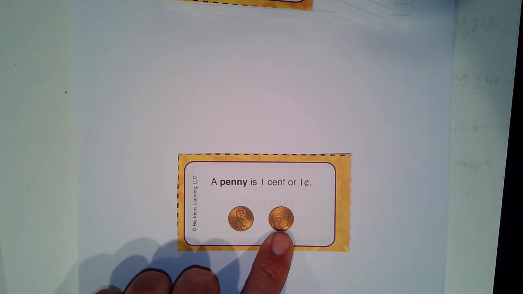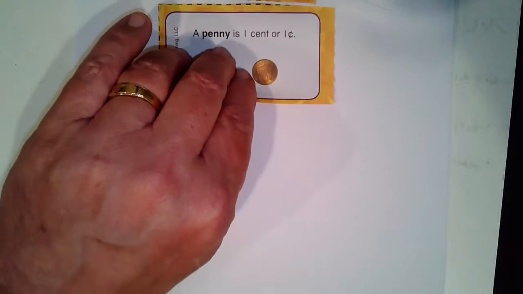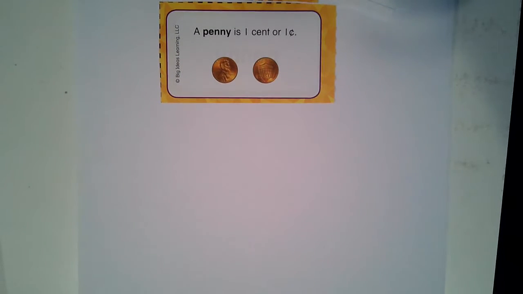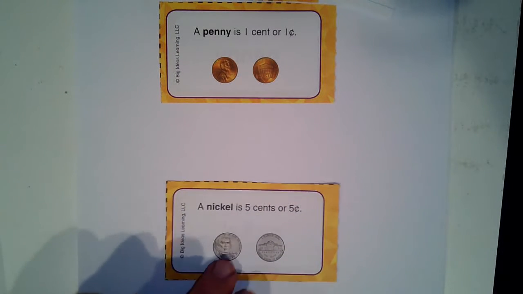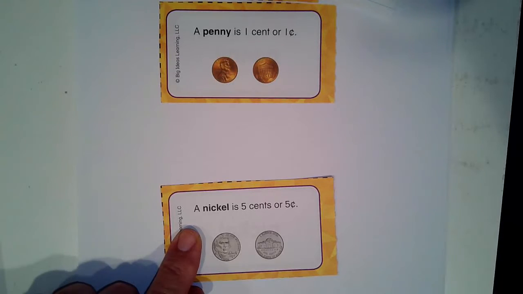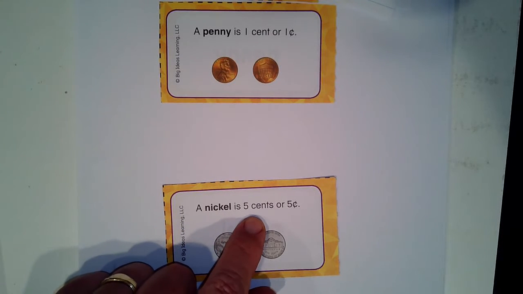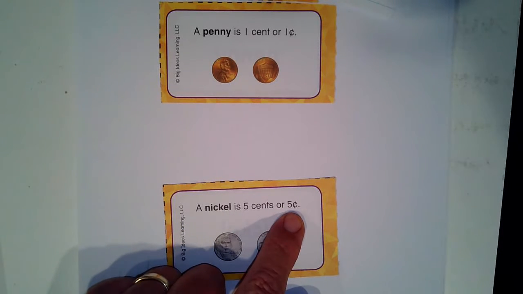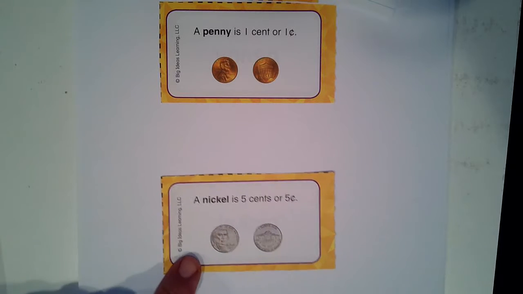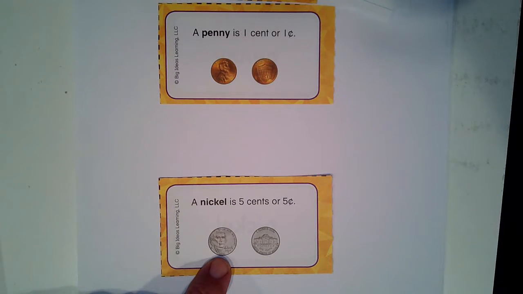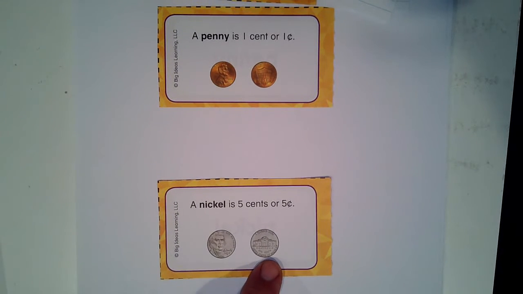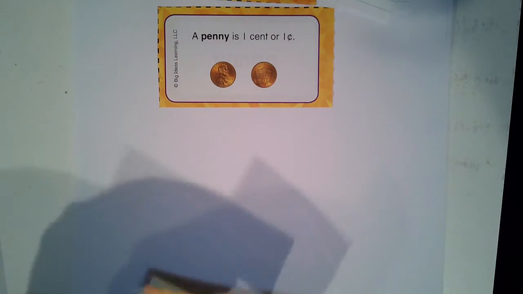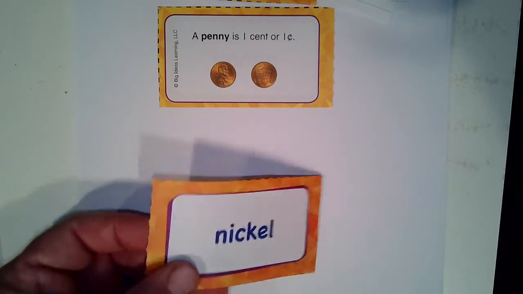If it comes with anything else, that's the tail. So that's a penny. The next is a nickel. A nickel is 5 cents if I write it out, or 5 cents with the cent symbol like that. There's the head side, the face. There's the tail side. It's a nickel. That's how we spell it.